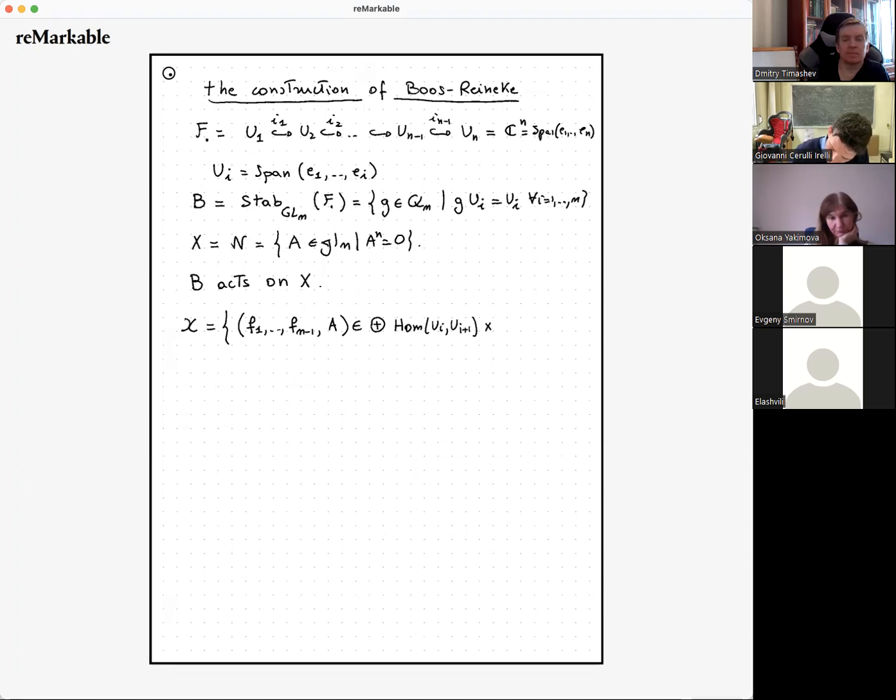And A is in the nilpotent variety, so the condition is something like, for example, A to the N is 0, or A to the K is 0. And let's project this into just the sets of Fi's.